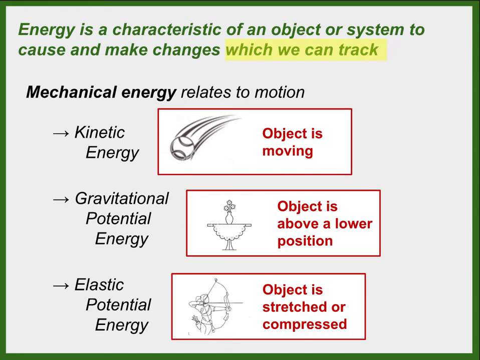And then we also talked about elastic potential energy, having to do with things that are stretched or compressed. In terms of our calculations, we're going to focus just on the first two. Ideas of elastic potential energy are a little trickier, and it's better for a later course in physics.